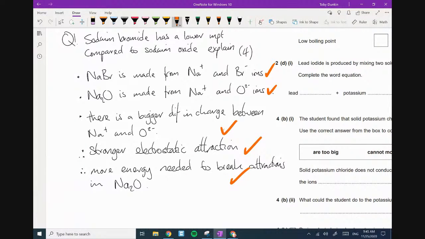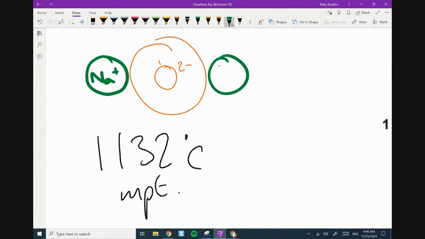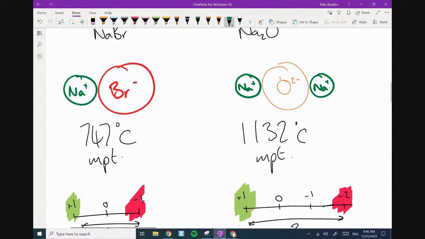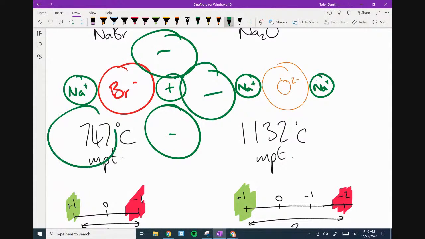Do we only draw 1 sodium and 1 oxide? Oh, yeah, good question. In reality, if you want an entire repeating unit, you can add another one if you like. But the answer is, you only actually need to draw 1. The reason being is that in reality, these are giant ionic lattices anyway. There are millions of these in the structure.